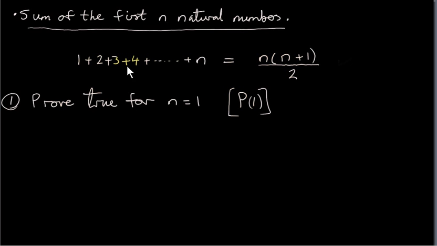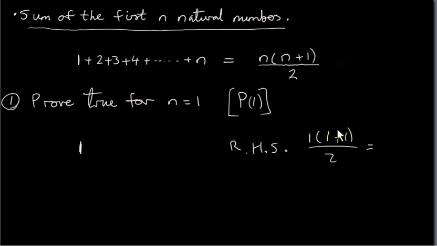So if we let n equal 1 on the left hand side, well, we just have the sum of the first 1 natural numbers. Well, that's just 1. That's just the first natural number actually. And on the right hand side we have 1 times 1 plus 1 over 2. We just plug 1 in for n into this formula here.